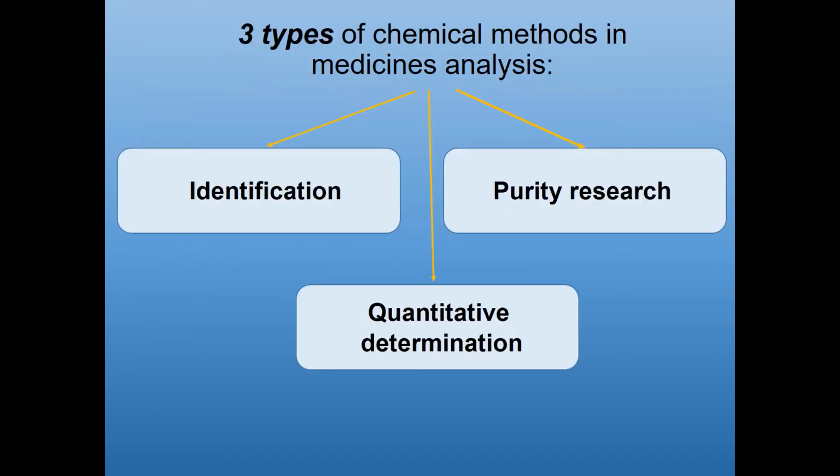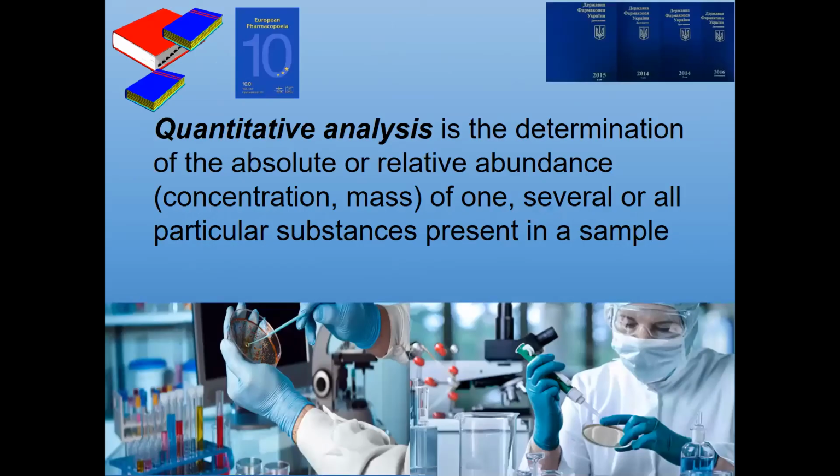Three types of chemical methods in medicines analysis: identification, purity research, quantitative determination. Quantitative analysis is the determination of the absolute or relative abundance, concentration, or mass of one, several, or all particular substances present in a sample.